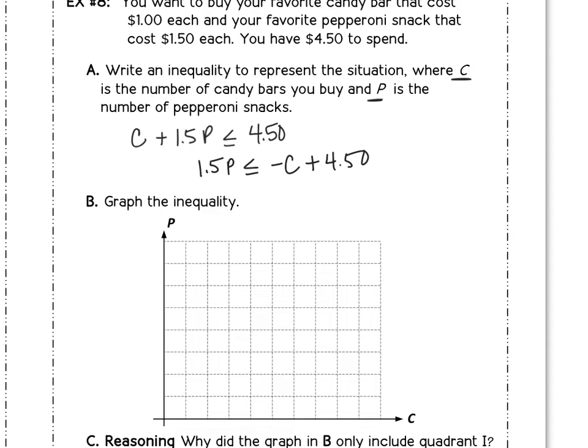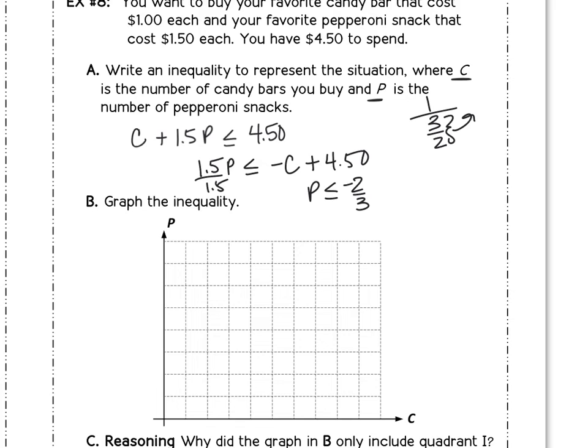And then if I divide by 1.5, P is less than or equal to 1 divided by 1.5. So let me just do a little math here for you guys. 1.5 is 3 over 2. If I do 1 divided by that, I'm basically just flipping and multiplying, which means I end up with 2/3.